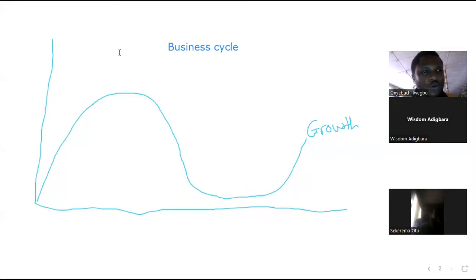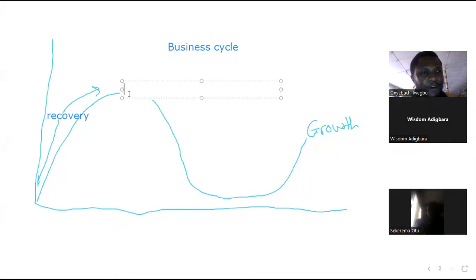In the business cycle, you would see that there is a period, and if you look at this period now, this is a period of recovery, where the curve was going up.